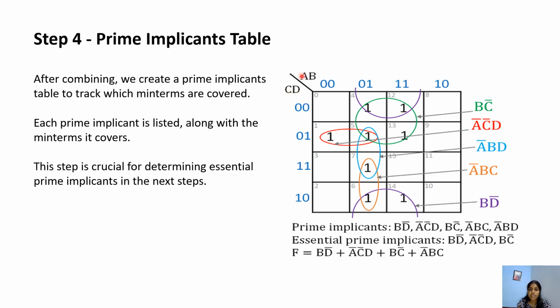We construct the prime implicant table in the same way as a K-map and see which minterms are covered, so that in the next step we can determine the essential prime implicants.